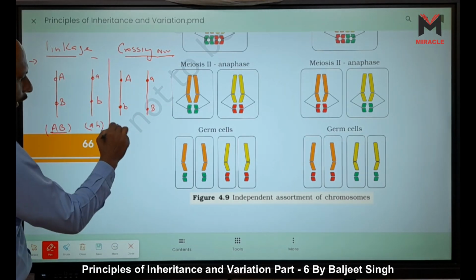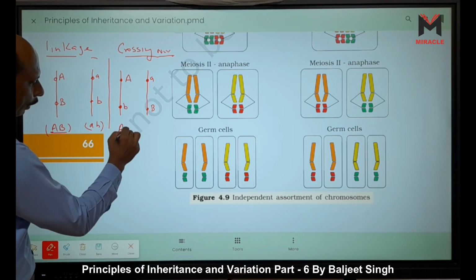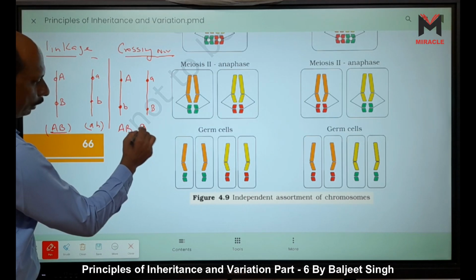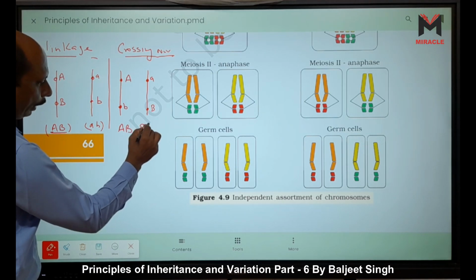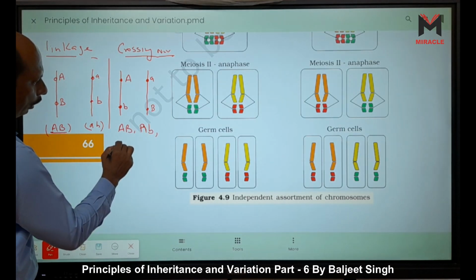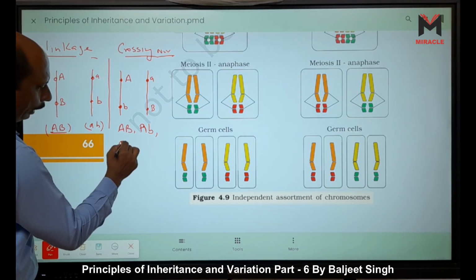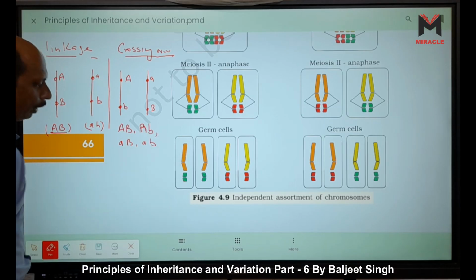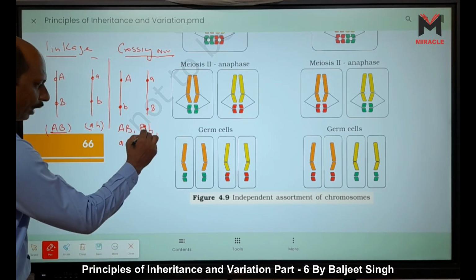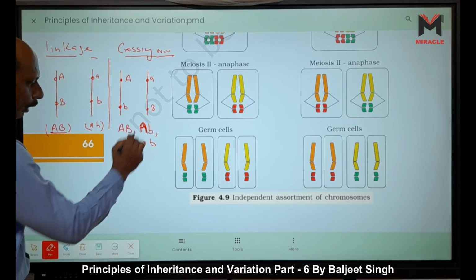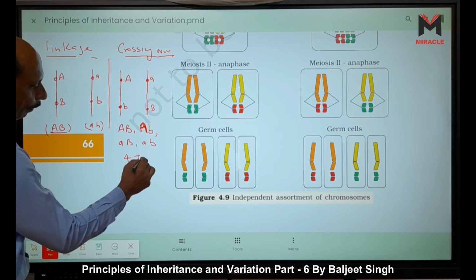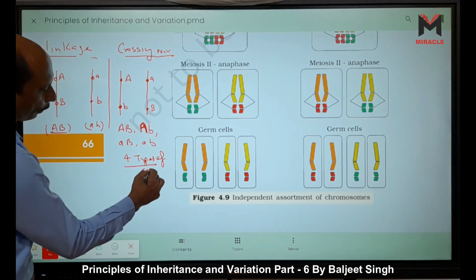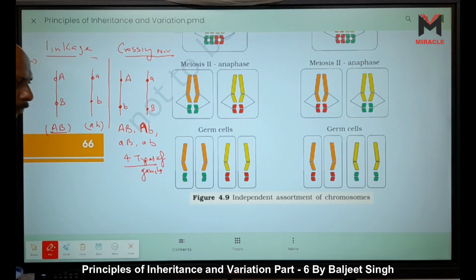Through this one we get 4 types of gametes: first, capital A, capital B; second, capital A, small b; third, small a, capital B; and fourth, small a, small b. So 4 types of gametes are formed, right?